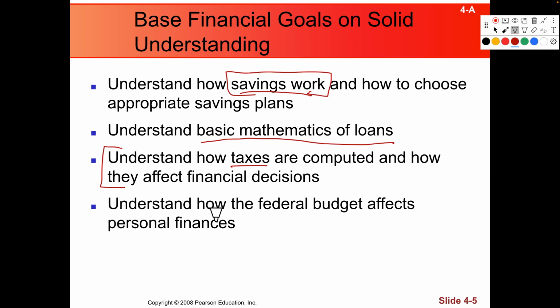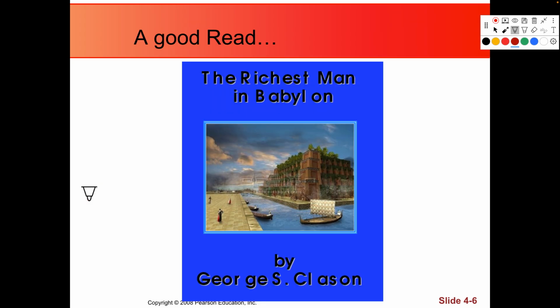If you work, you've got money withheld for taxes, but there's all sorts of things you can do to address that. And then sometimes understanding how the federal budget might affect those taxes and such can be helpful. Again, these last two we won't cover here, but they are good topics to take a look at.